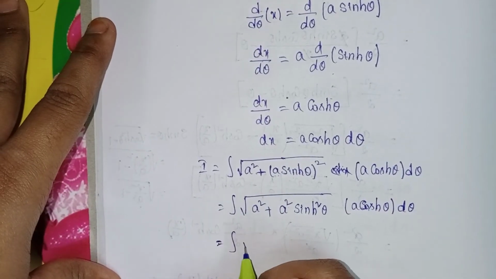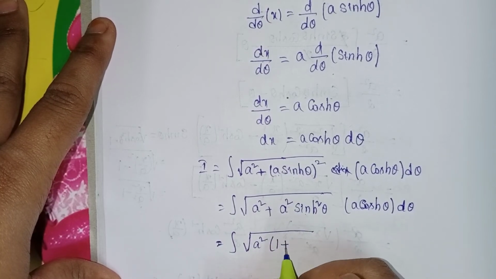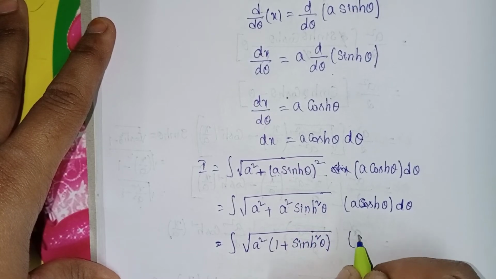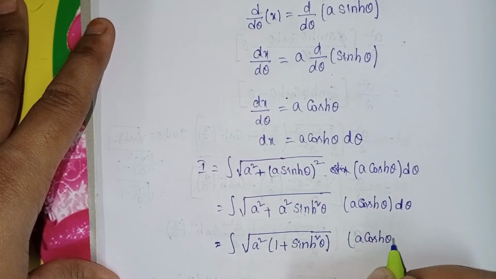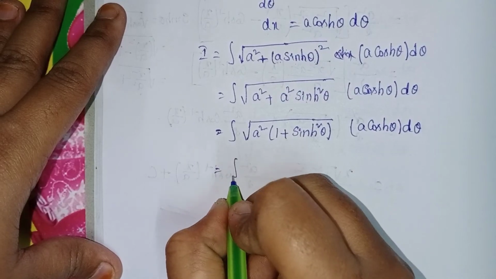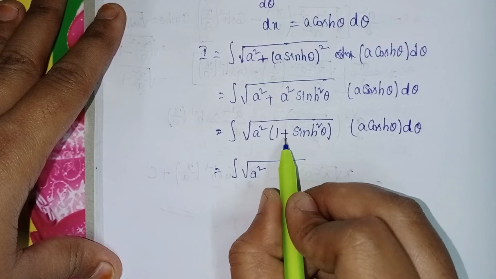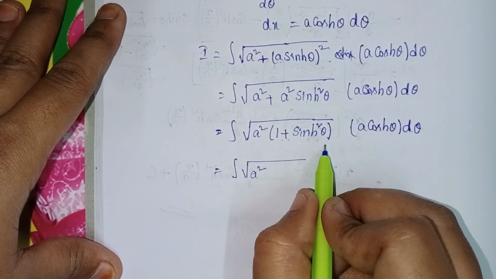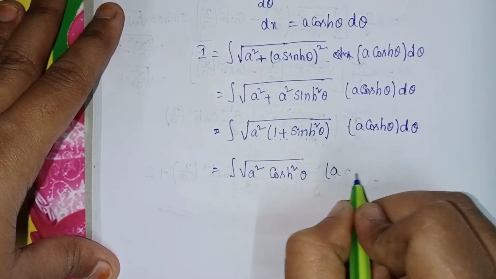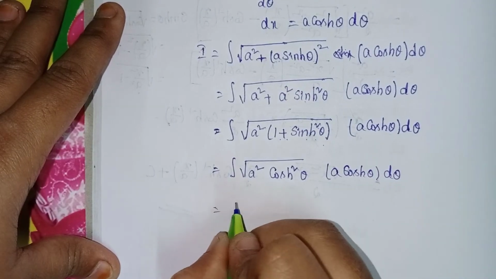Next, you take a square common from these two terms: 1 plus sinh square theta, into a into cosh theta d theta. Integral of square root of a square into 1 plus sinh square theta, which is cosh square theta, a into cosh theta d theta.